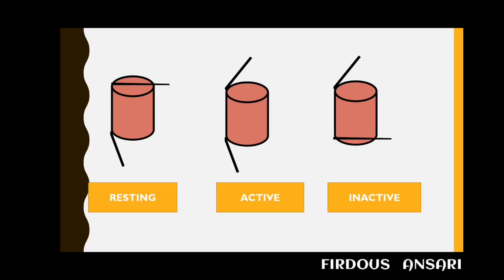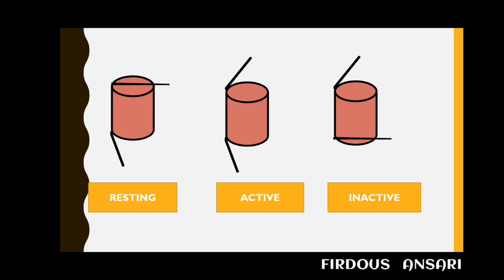So this is the inactive stage of the voltage gated sodium channel. So under resting stage the activation gate will be closed and the deactivation gate will be open. Under active condition, both the deactivation as well as the activation gate will be open. Whereas in the inactive stage, the activation gate is open, whereas the deactivation gate is closed.